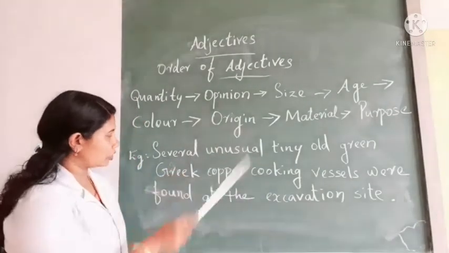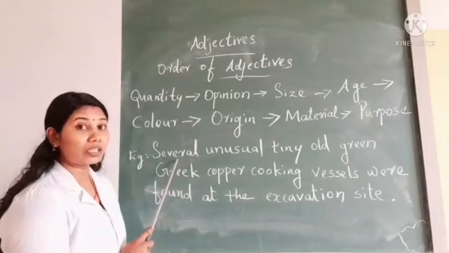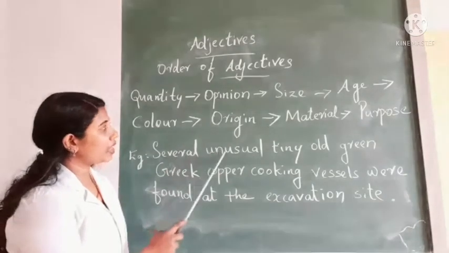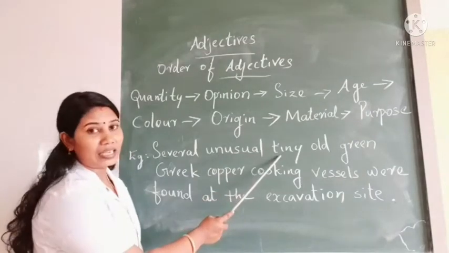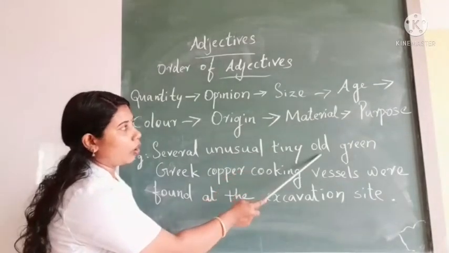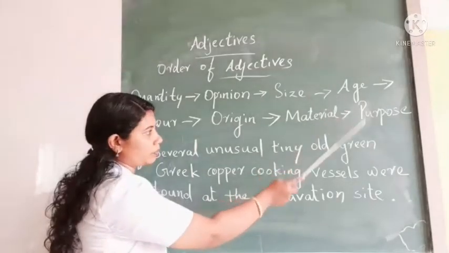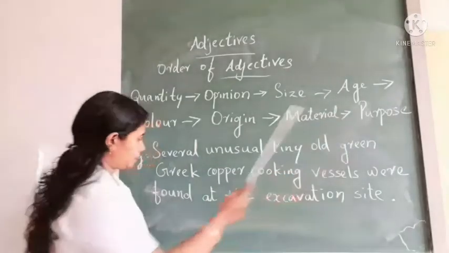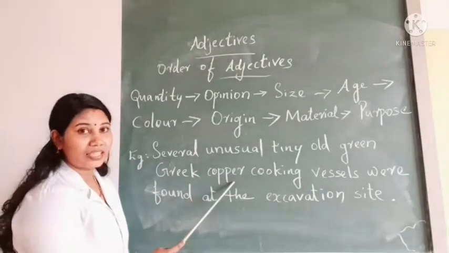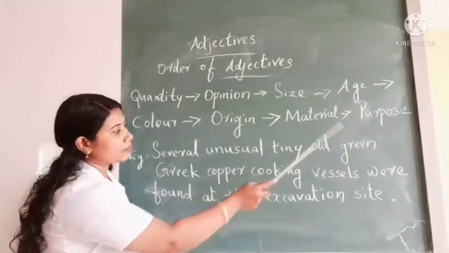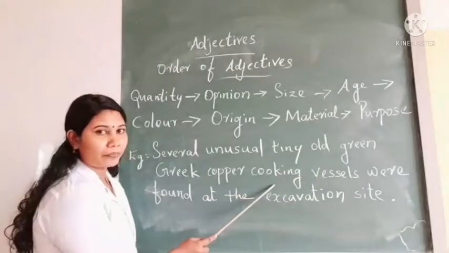Here, according to the order, several is the quantity. Then unusual, that is the opinion. Tiny is the size. Then old is the age. Next, green is the color. Greek is the origin. Then copper is the material. What is the purpose? Cooking.